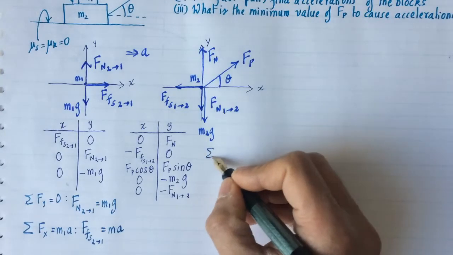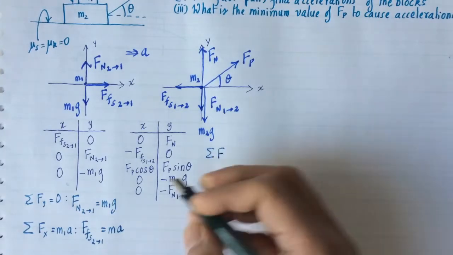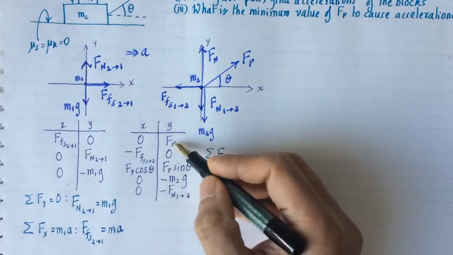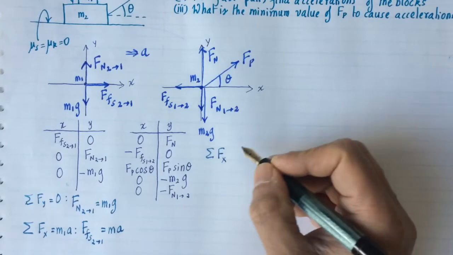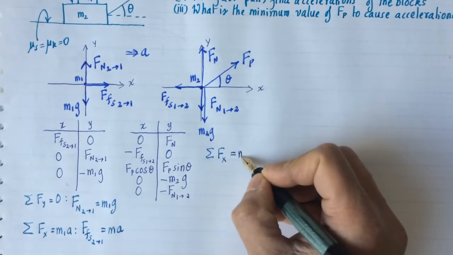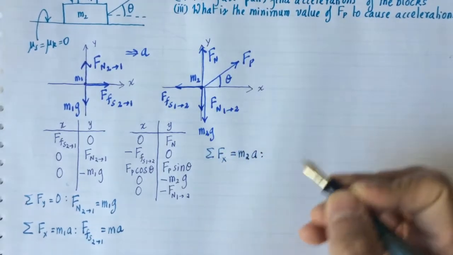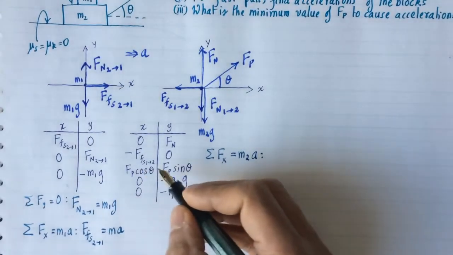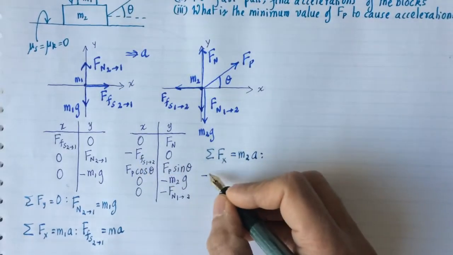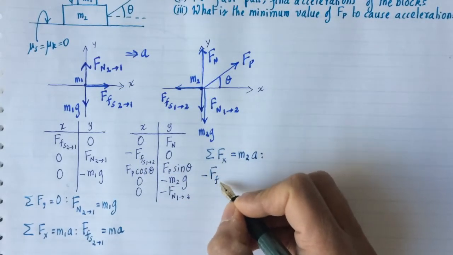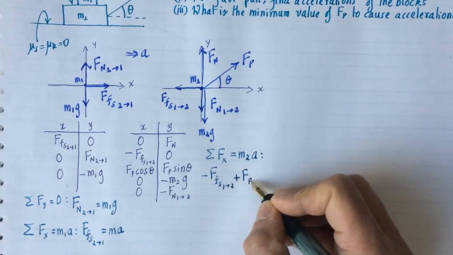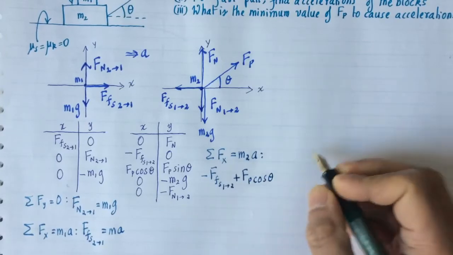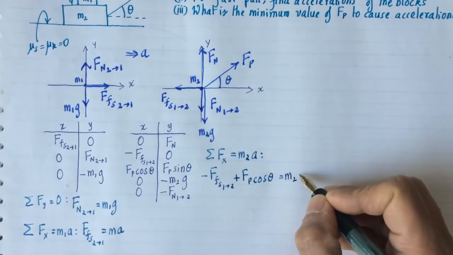The sum of all the forces in the y direction is going to be a complicated mess, and it'll involve the reaction force of the ground, which I'm not really interested in, so I'll focus on the x direction here, is equal to m2a. Well, that gives me the sum of those two forces, negative Ffs 1 on 2 plus Fp cosine theta is equal to m2a.